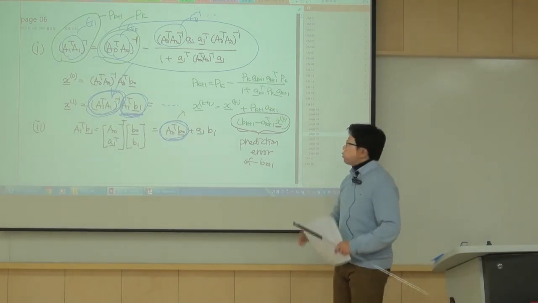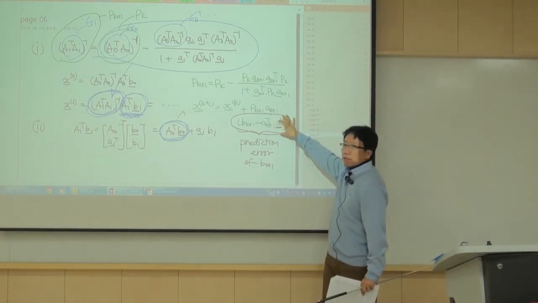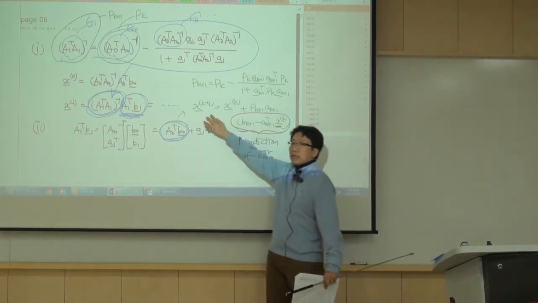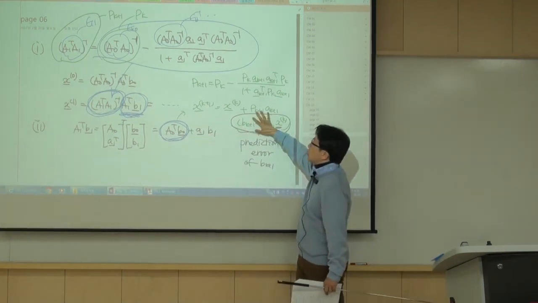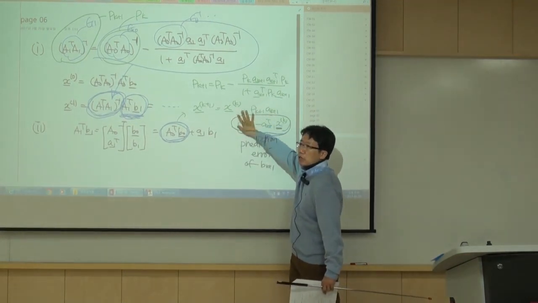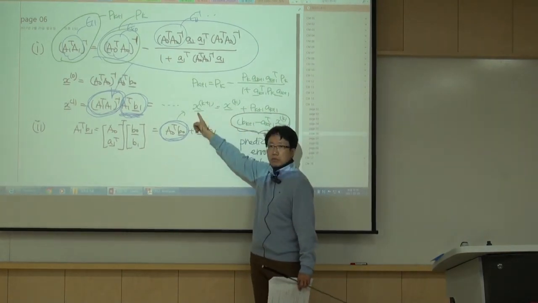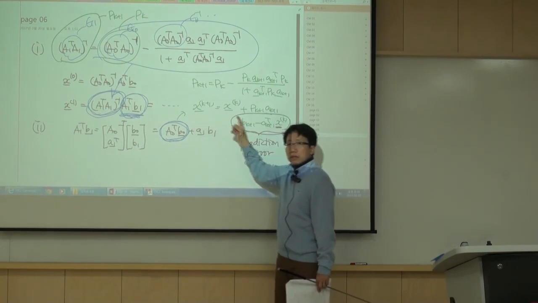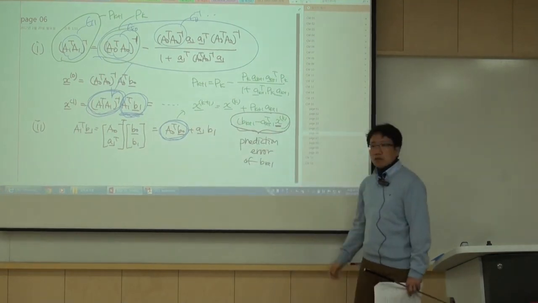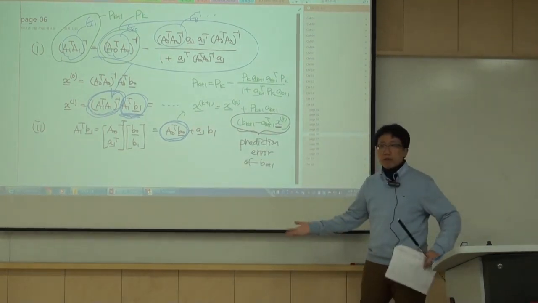Got it? So the prediction error drives this update. If this is 0, then what do you have? This correction term is 0. So your xk becomes xk plus 1. This makes sense. You don't need to update. Now it's perfect, right?